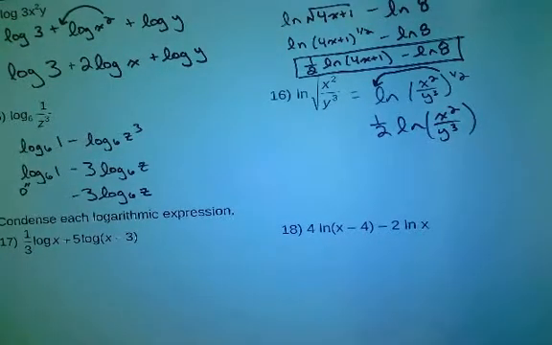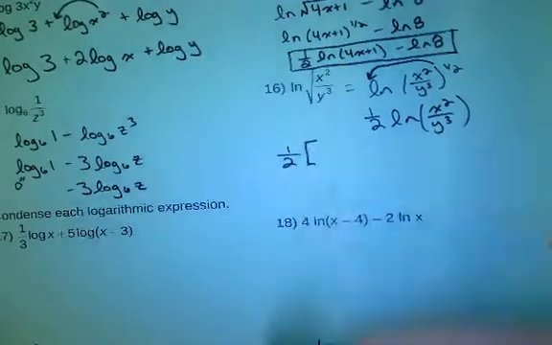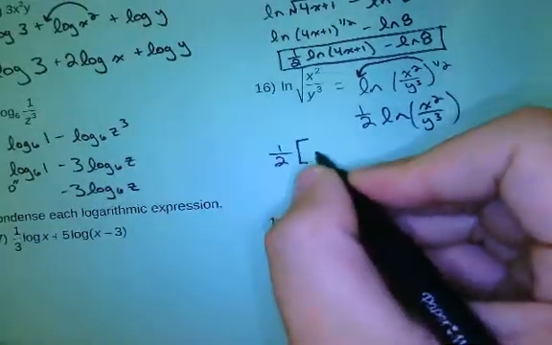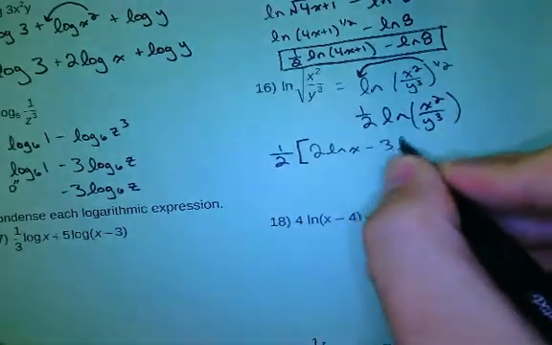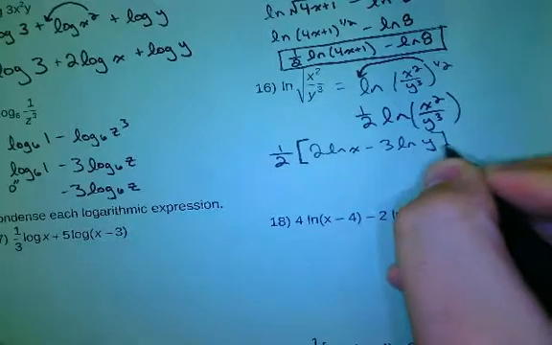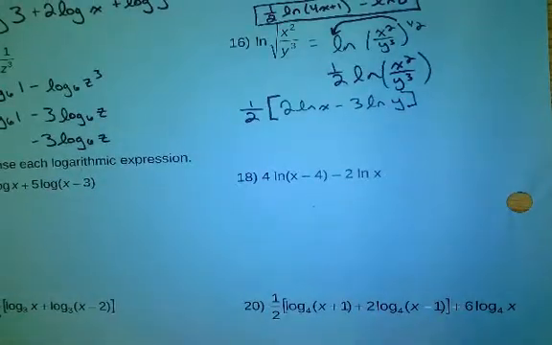Are we good so far? Now what? I subtract. What happens to 1/2? Stays in front. I'm going to put it all in little brackets here. Can I just skip a step here and just tell you that? Are we cool with this? It could be parentheses. No one's really going to care.